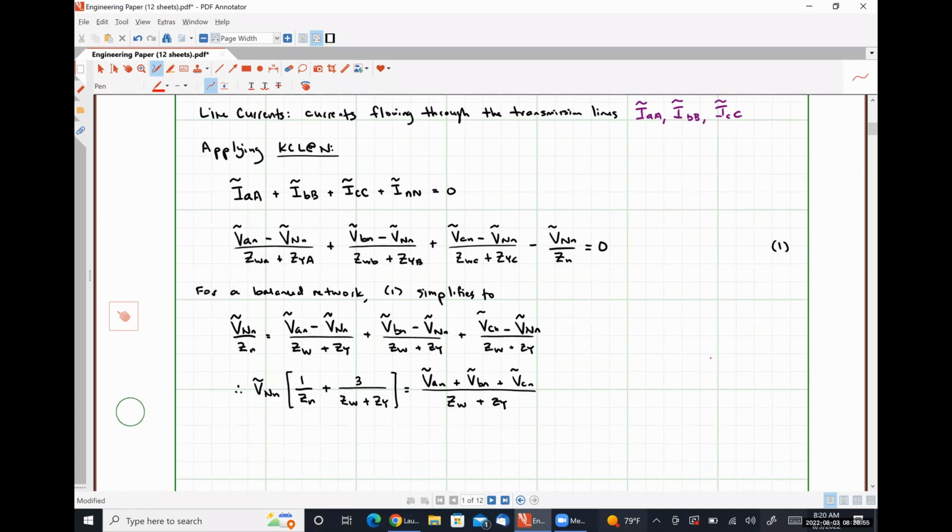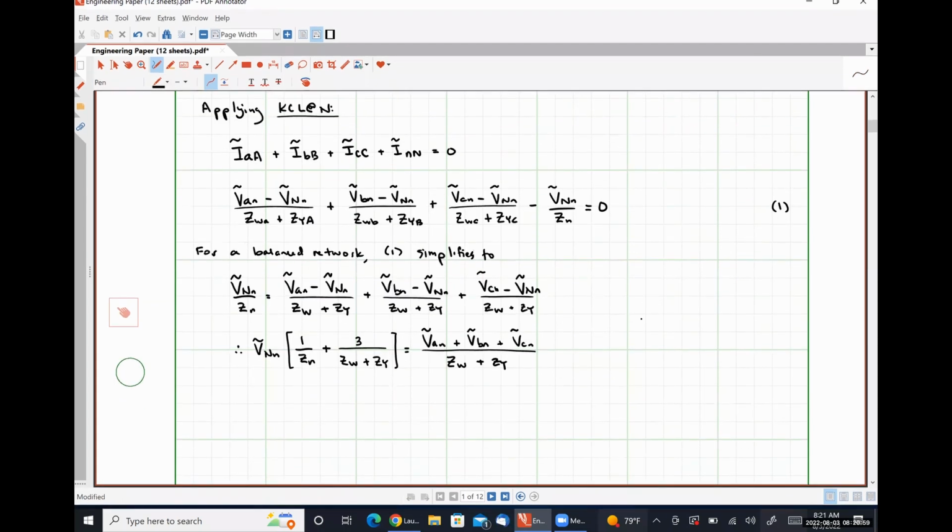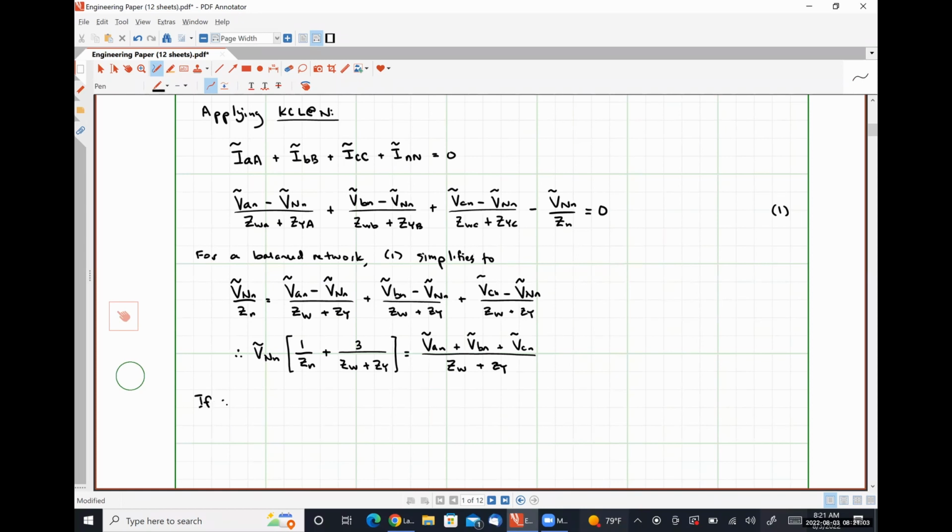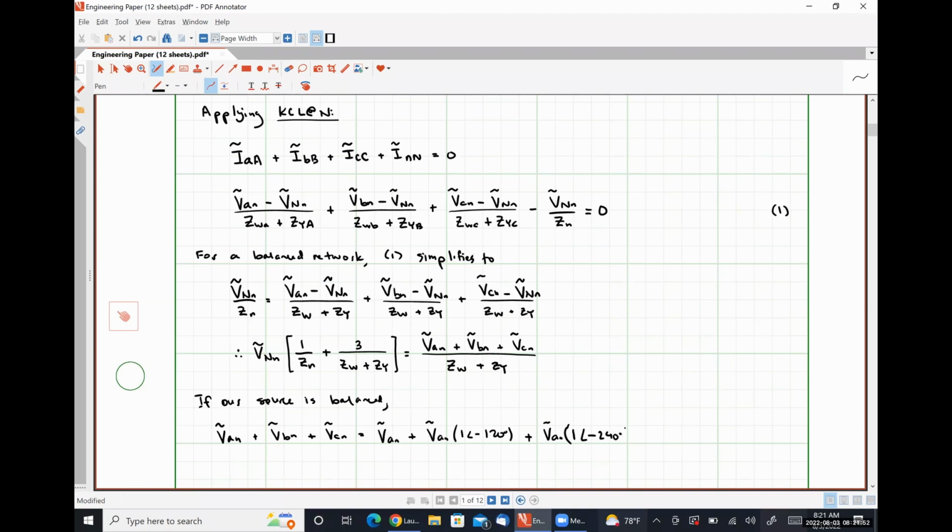So if our source is balanced, then VAN plus VBN plus VCN looks like VAN plus VAN multiplied by one angle negative 120 degrees, because we know that our B phase should be lagging our A phase by 120 degrees, plus VAN times one angle negative 240 degrees.